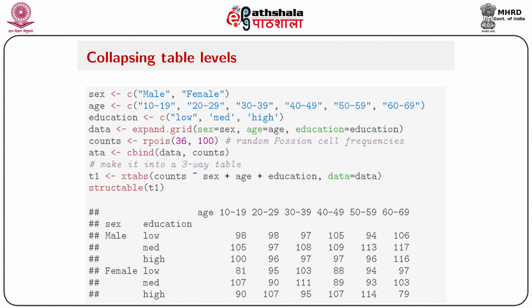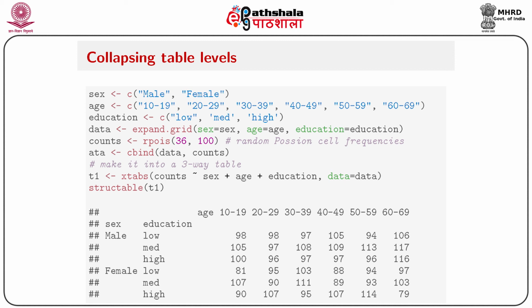So here is the data that I have generated, expand.grid. The final data is this, and the counts are this. Now T1 equals xtabs, with formula style.